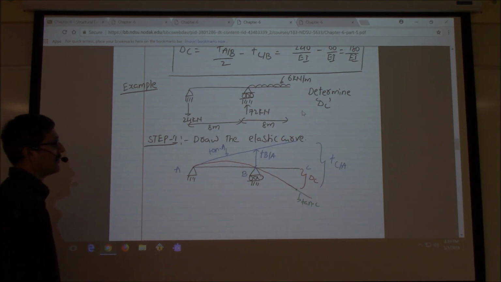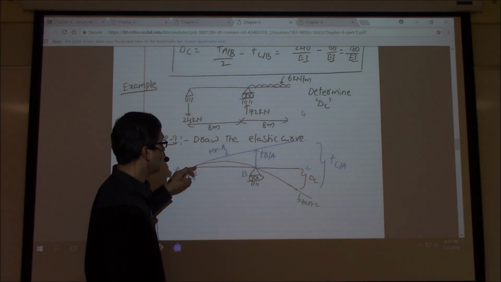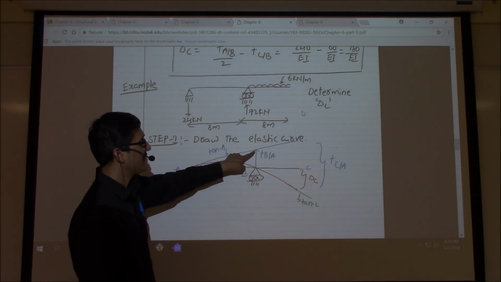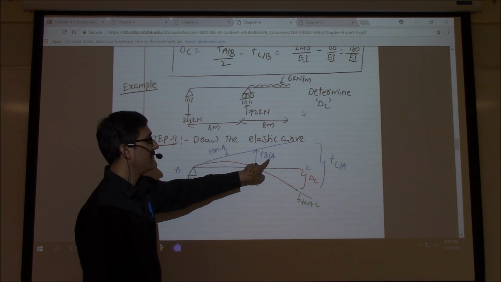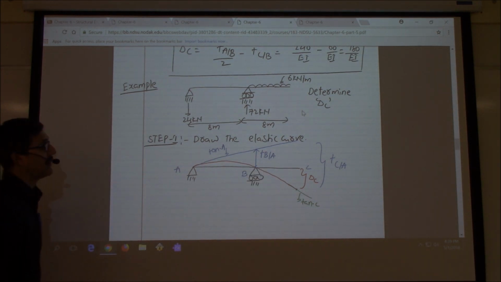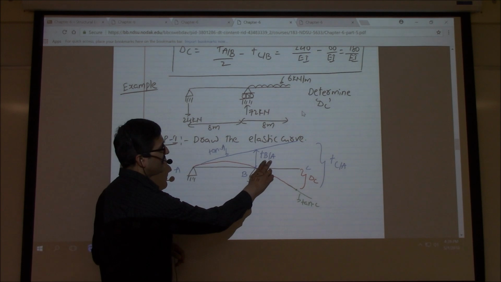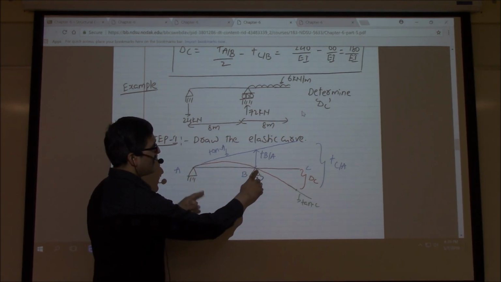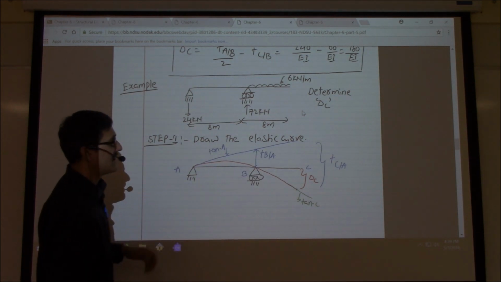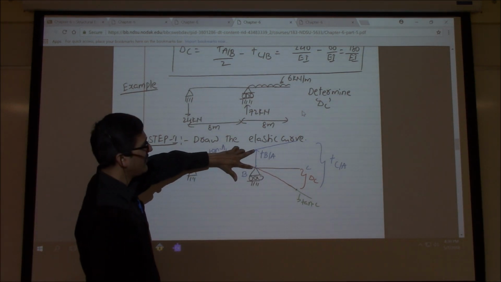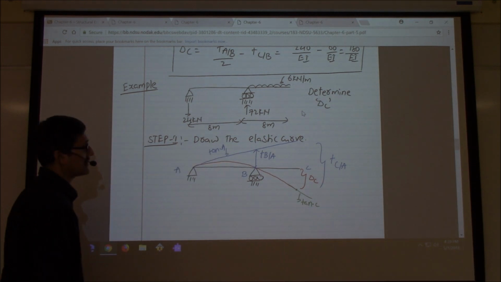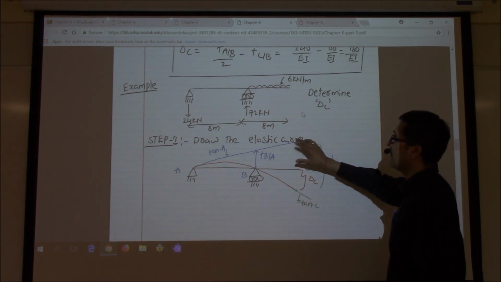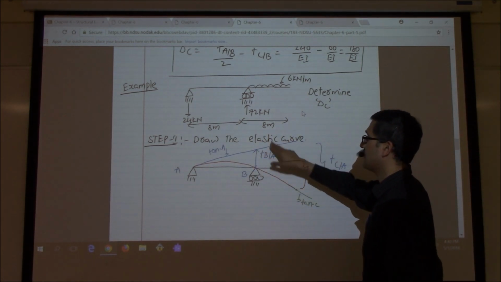Instead, what we have to do is draw a tangent through the point A. The deviation of the point B with respect to this tangent A is nothing but TB by A. We can easily evaluate this TB by A because it's nothing but the moment of the M by EI area between these 2 points with respect to the point B. Once you know TB by A, you can use similar triangles to find out this value here, because we know that this is 8 meters and this is 8 meters.